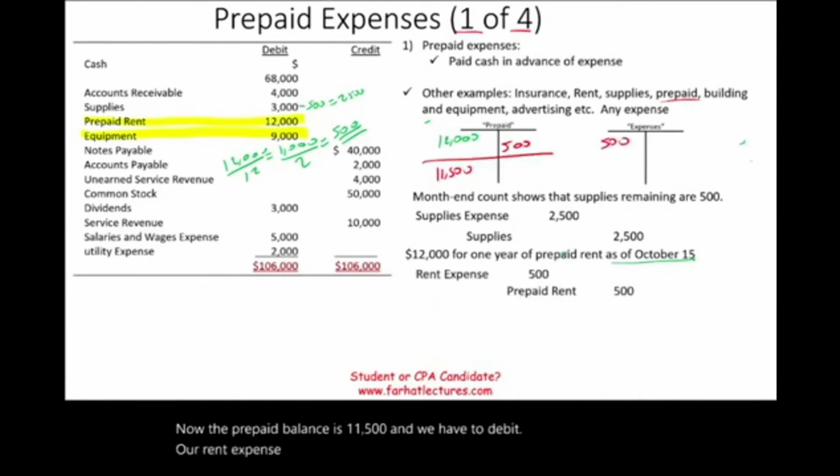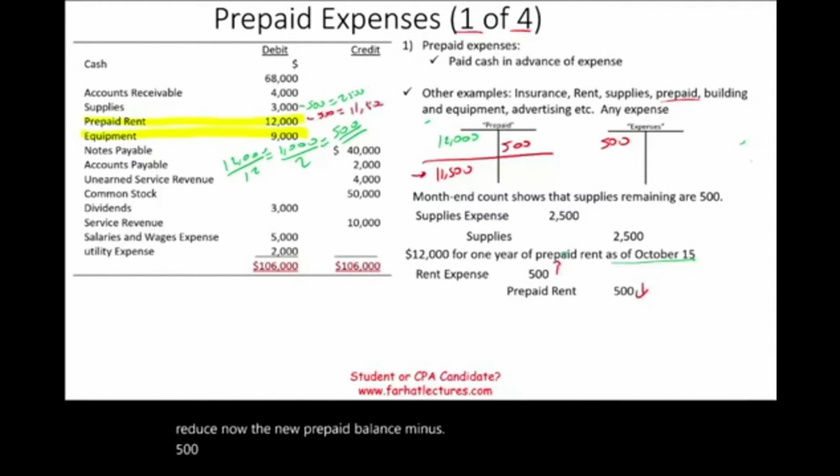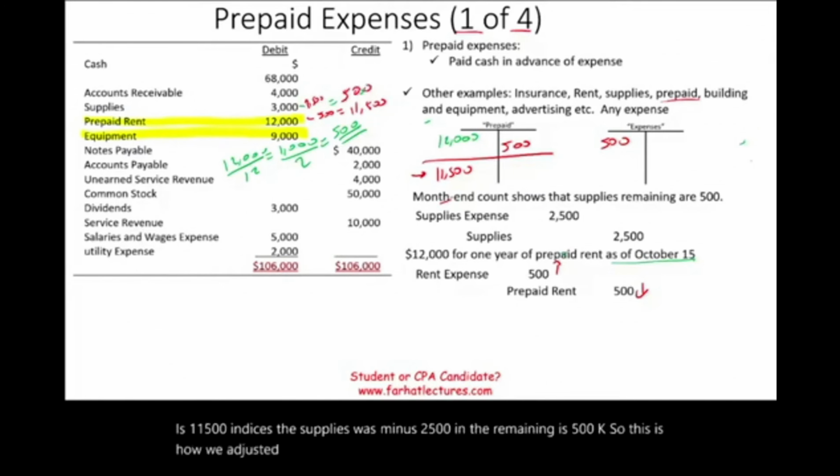So simply put, our expenses are increased, our prepaid is reduced. Now the new prepaid balance is 11,500, and the supplies went down 2,500 and the remaining is 500. So this is how we adjusted our prepaid rent.